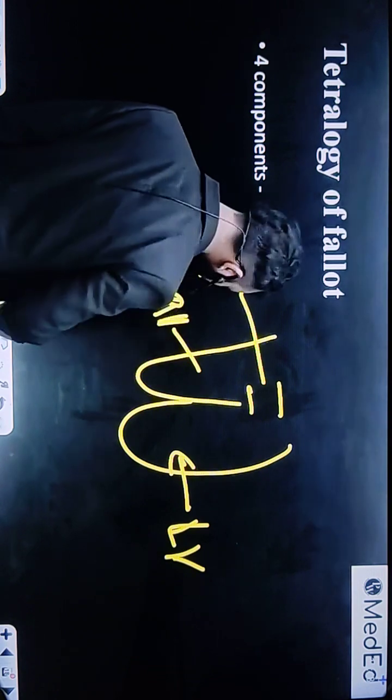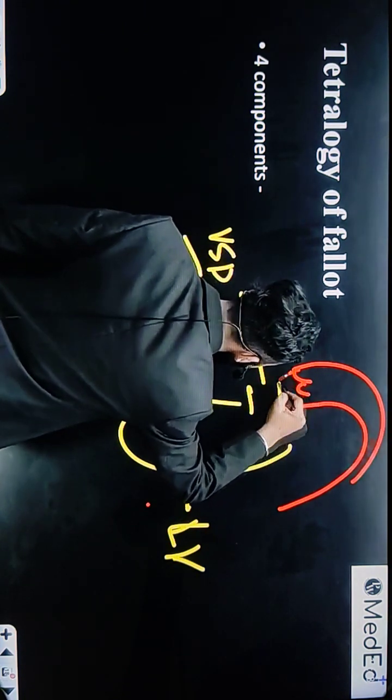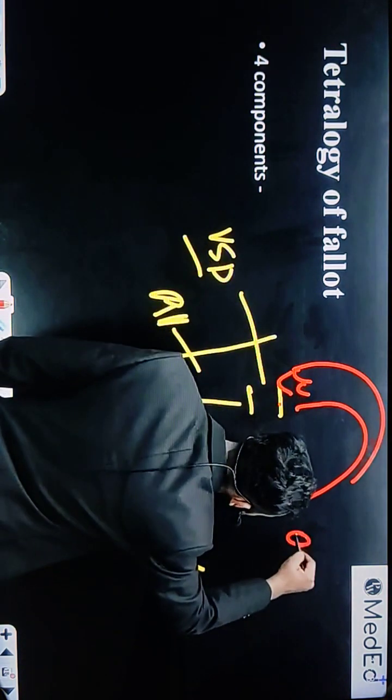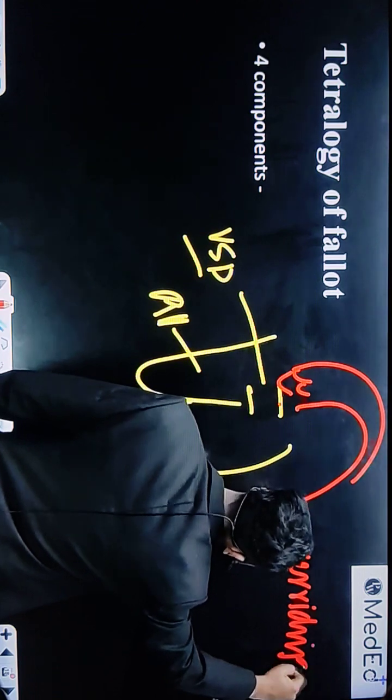This is known as VSD. And your aorta is going to arise from both the right and the left ventricle. When the aorta is arising from both the right and the left ventricle, this is known as overriding of aorta.